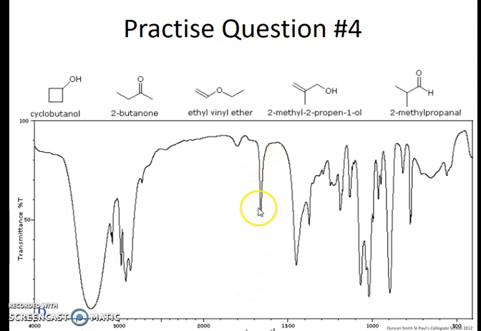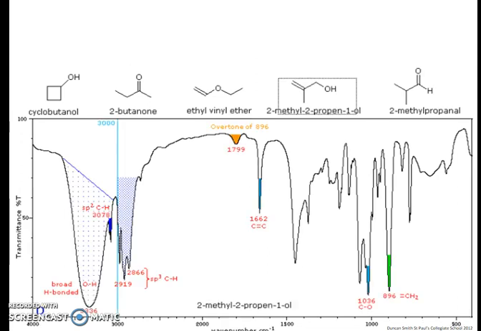The other thing we've got this time is that at about 1680 there is a medium-sized, quite narrow peak, and that to me would be indicative of a carbon-carbon double bond. Therefore, given the range of options, I'm going to assume that this is the spectrum for 2-methyl-2-propanol. And so it is.